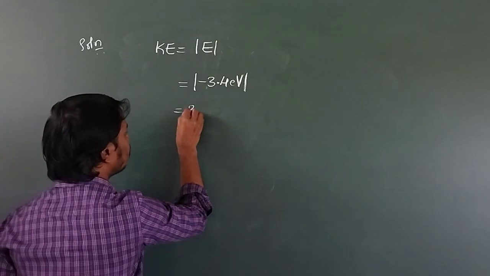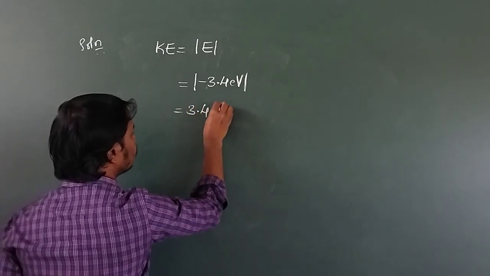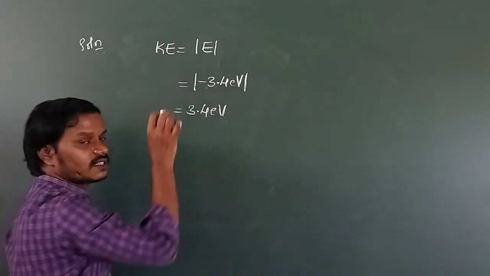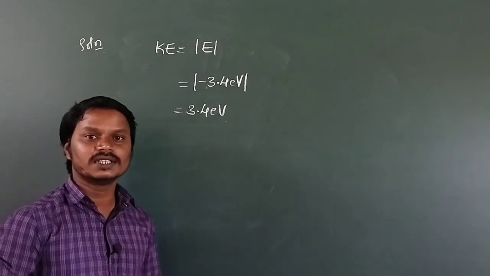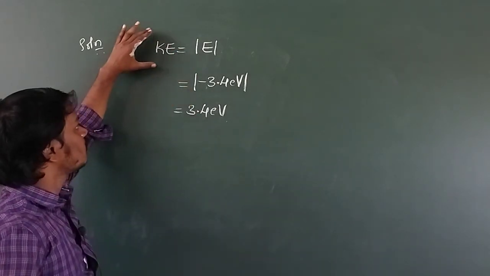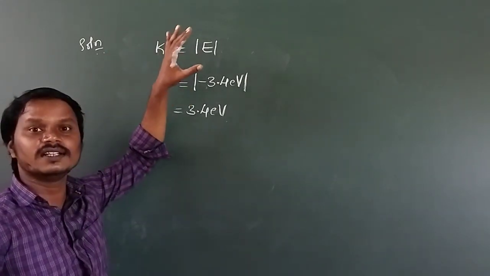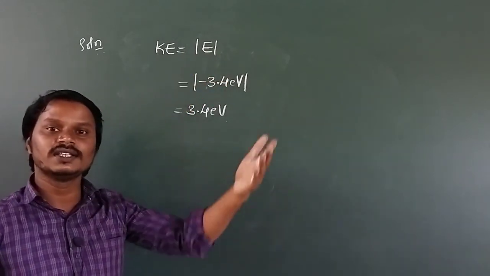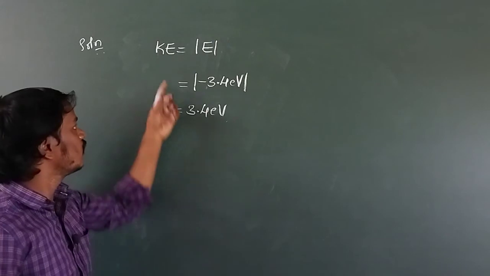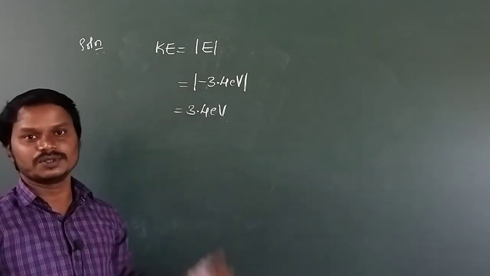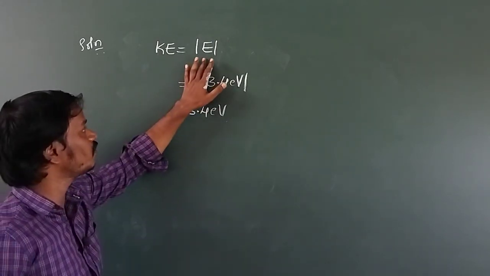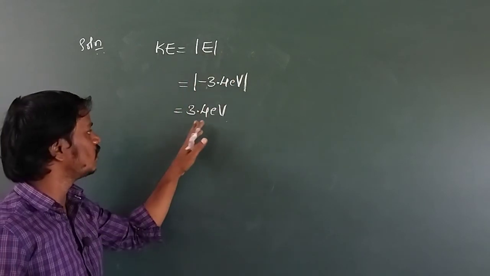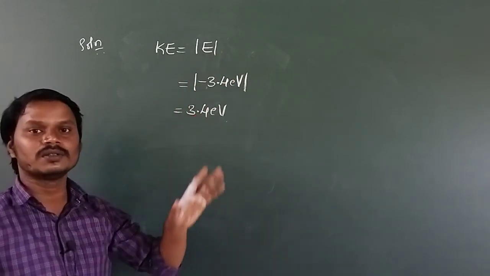Hence it is 3.4 electron volt, because kinetic energy is always positive. So the kinetic energy of the revolving electron in the nth orbit must be equal to the mod of total energy of the electron in the nth orbit.